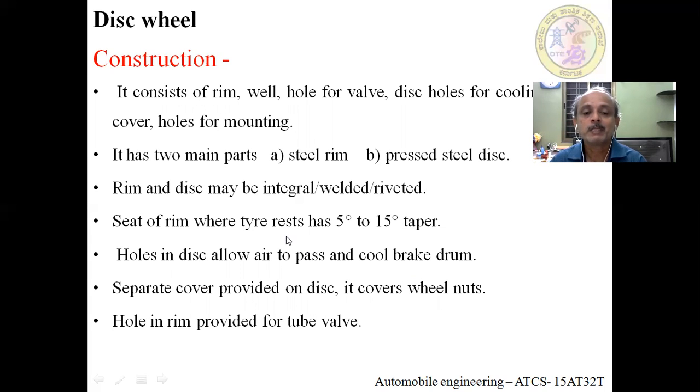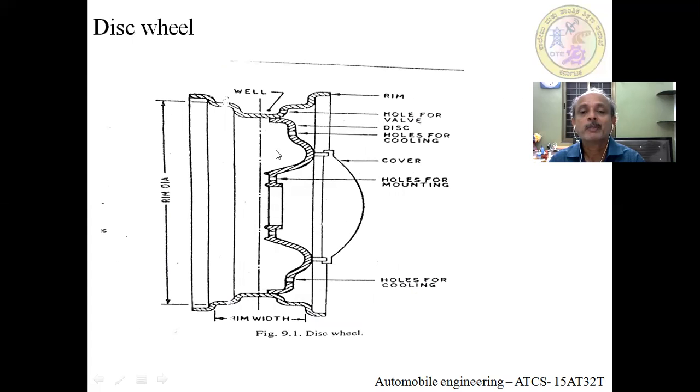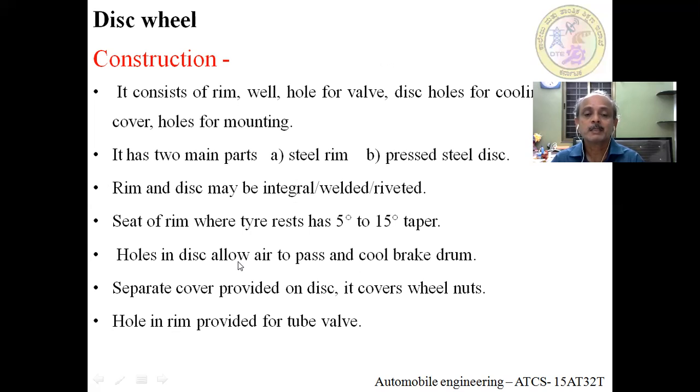It's very important that air should pass through the disc because heat is there. As the drum becomes hot, it must be cooled, so there must be holes for cooling. The disc allows the air to pass and cool the brake drum.